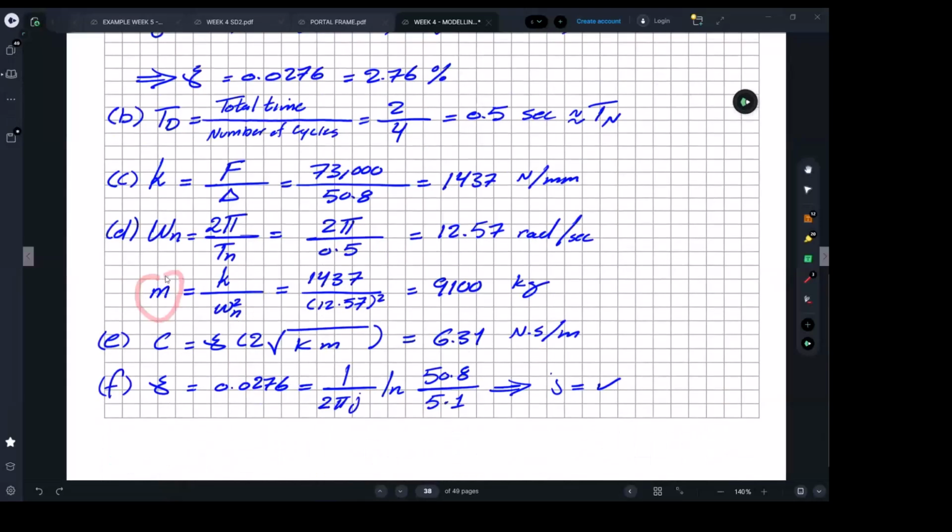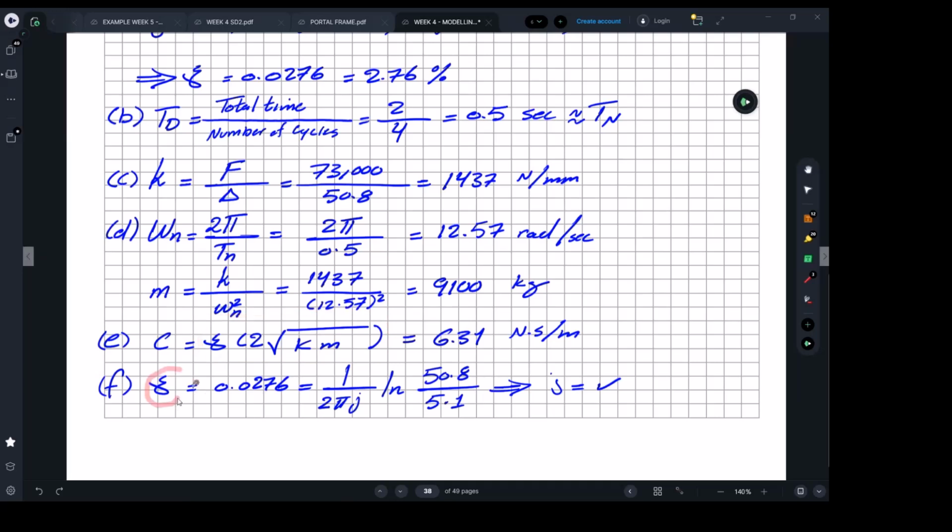We can even find the mass, which was about 9,100 kilograms. We are able to find the damping. Remember I said buildings in Melbourne have 5%, that's how you can find it from these values as well. The damping constant, there's a formula I presented to you, and it's all here.